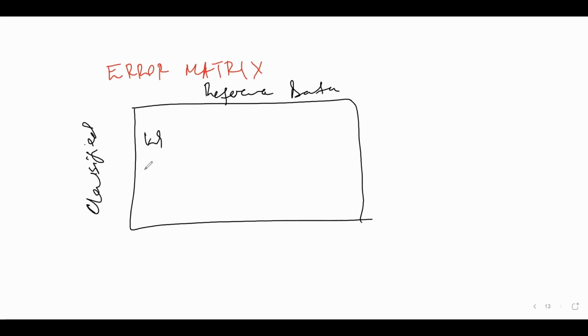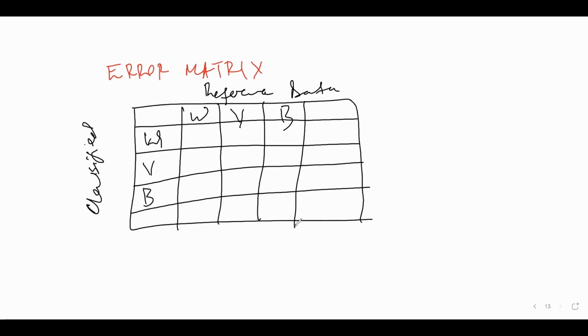We can have water, vegetation, built up, and we want to compare the number of pixels that were classified as water and are actually water on the ground. So I'm just going to pick fictitious values. Probably we had 10 pixels classified as water, and in the reference data we saw that it was water.